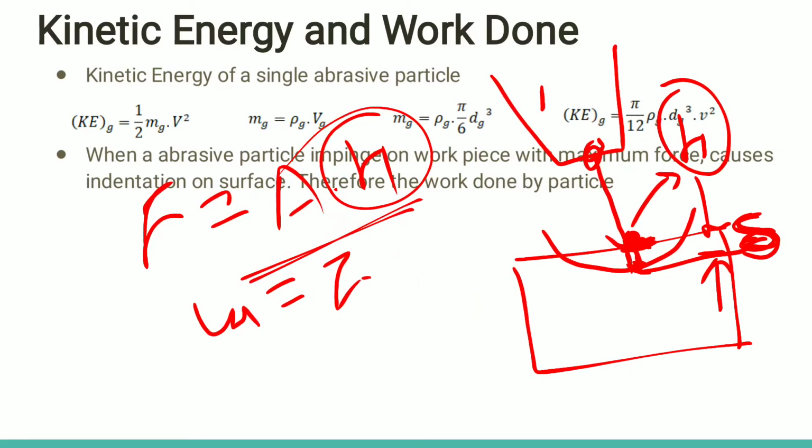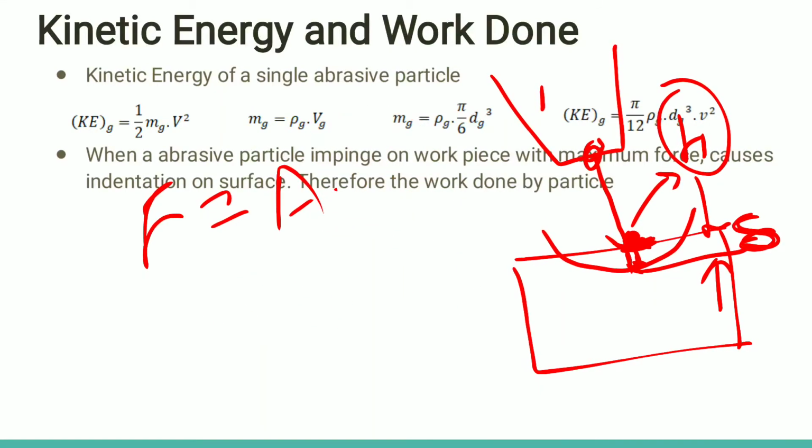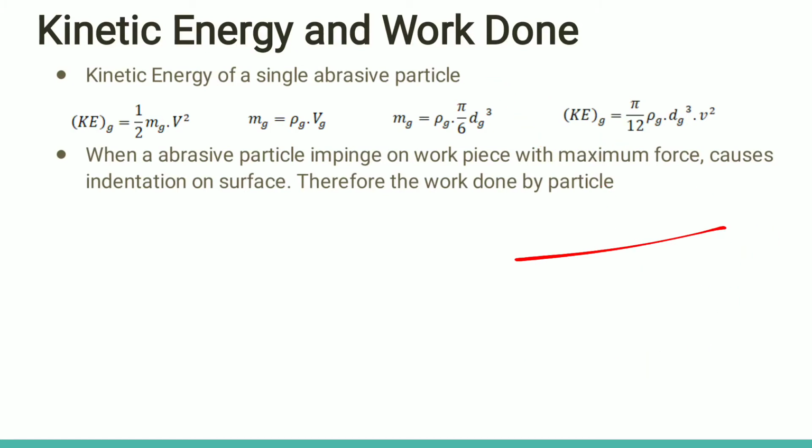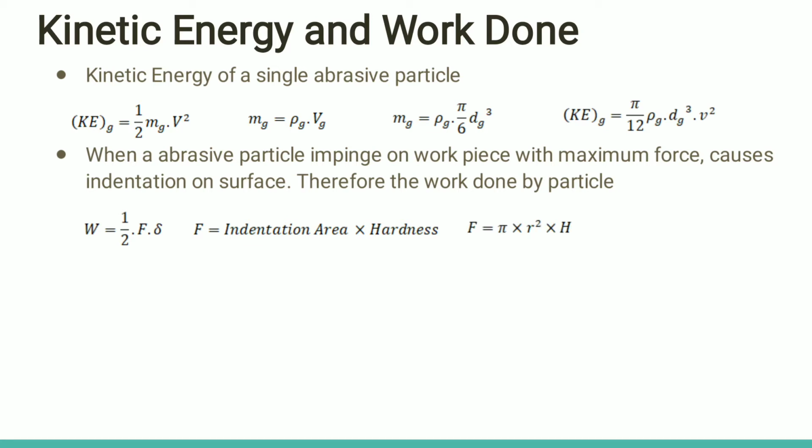The work done by the particle will be half of F into delta. Now F is equal to the indentation area into hardness. If R is the radius of the indentation, the area will be pi into R square, and hardness is H.